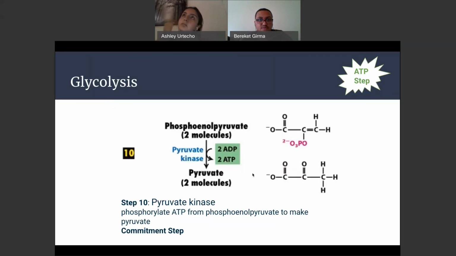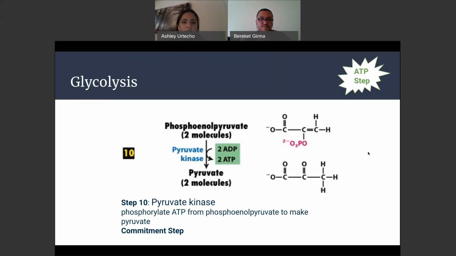Yes. Let me see here. So the double bond goes over there, and the phosphate leaves. I think that's tautomerization. Yeah, it is. The MCAT won't ask you that in depth about the mechanism of glycolysis. It's just important to know the enzymes and the products. Okay. Thank you so much.